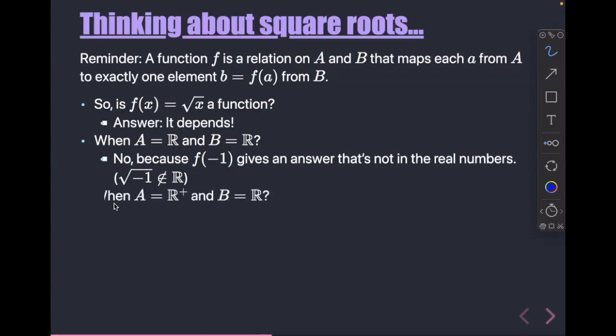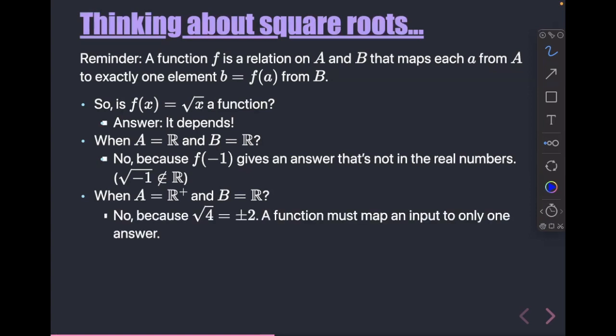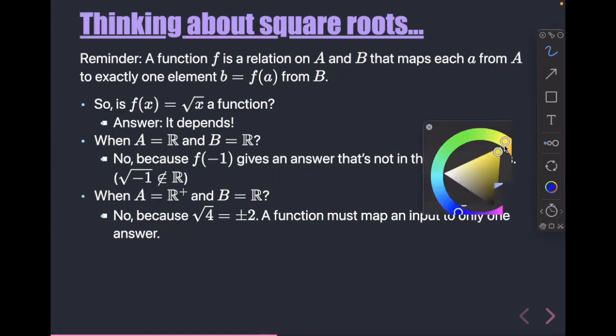Now the second question is, what if I say A is the set of positive real numbers? This gets rid of my imaginary numbers because now I'm not taking the square root of anything negative. And B is the real numbers. This is still not a function because, remember, we had two properties for a function.